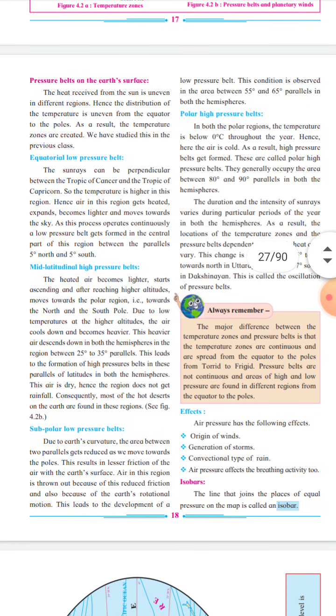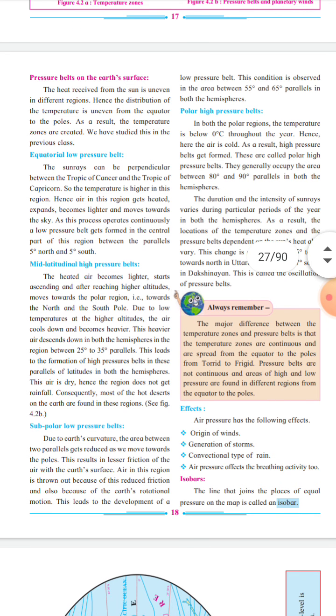Now next, mid latitudinal high pressure belt. The heated air becomes lighter and starts ascending, and after reaching higher altitudes moves towards the polar region, that is towards the north and the south pole.